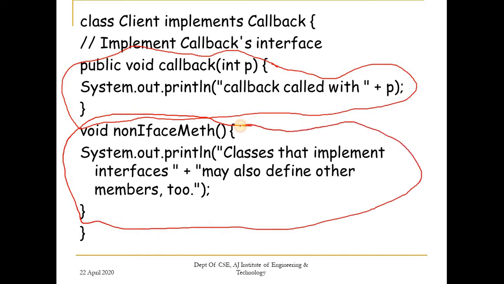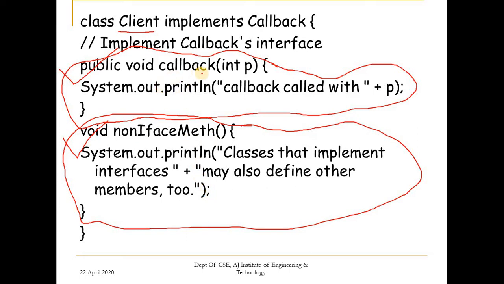This is the other method that has been defined by the class Client. So here class Client is going to implement a method of the interface, that is the callback method. Also it can have its own method definition. So nonIfaceMeth is a method of the Client class. So this is the non-interface method.